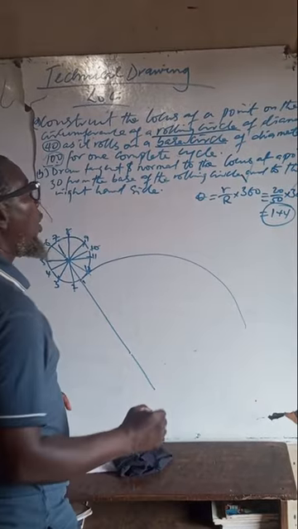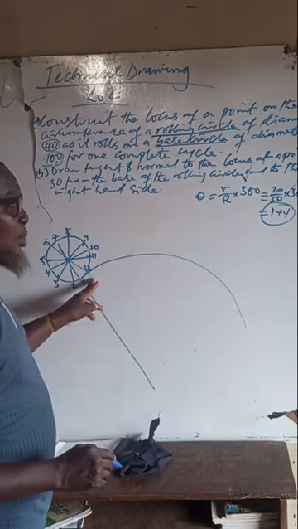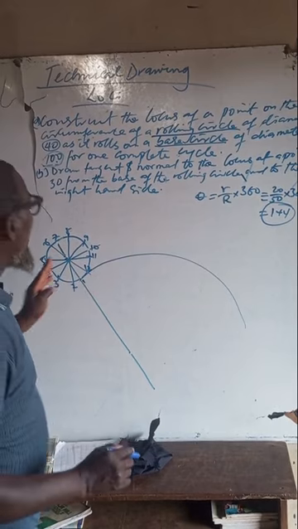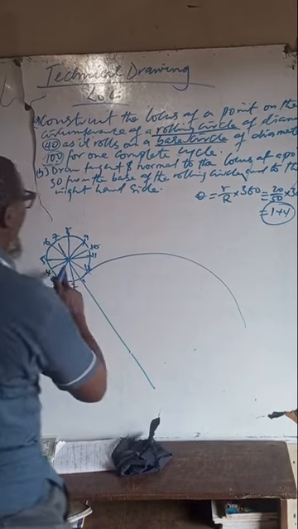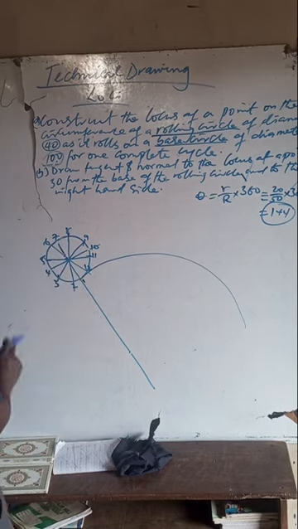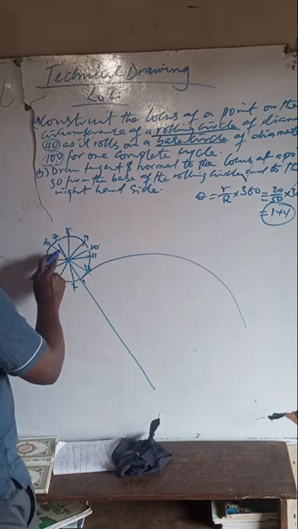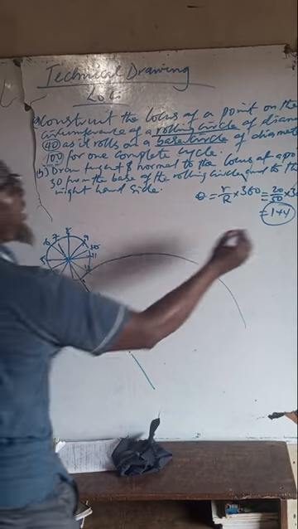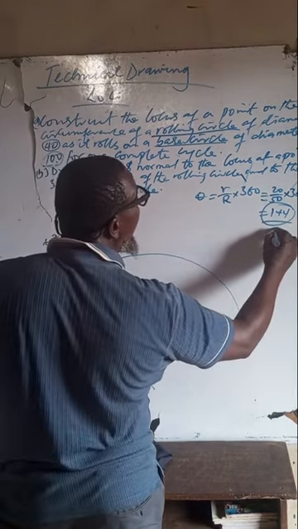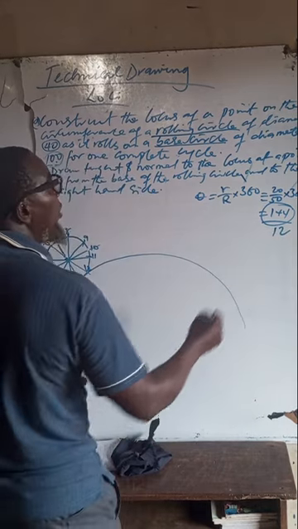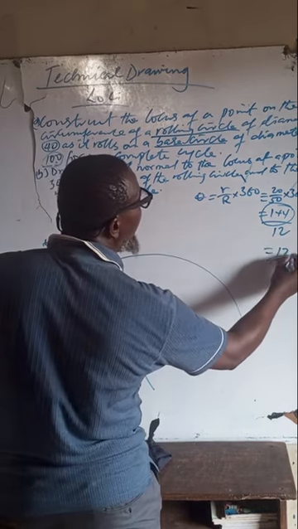In order to make it easy, just divide this 144 into the number of places you have divided your circle. I've divided this circle into 12 parts, so I'm going to divide 144 by 12, and that gives me 12 degrees.